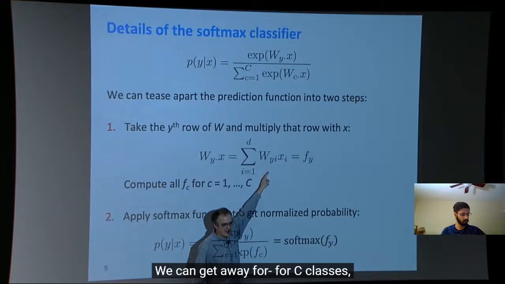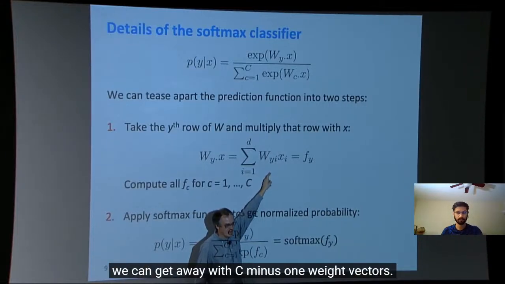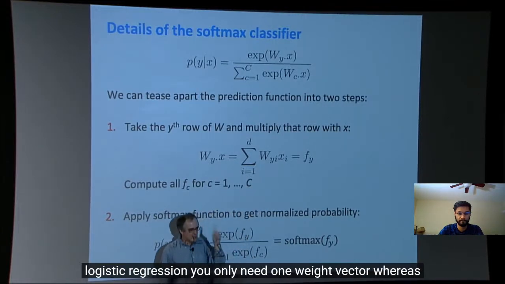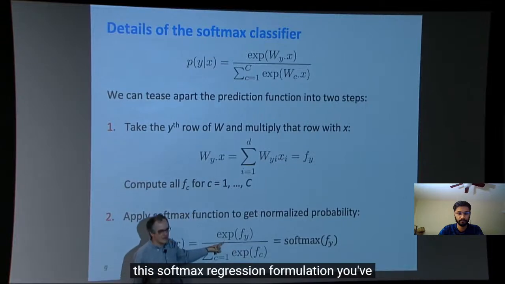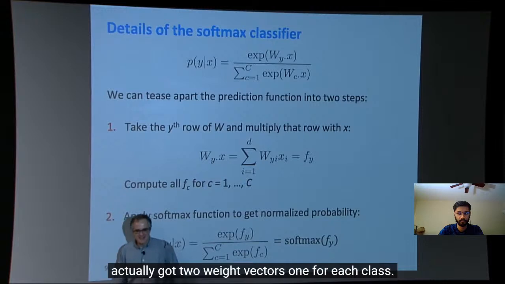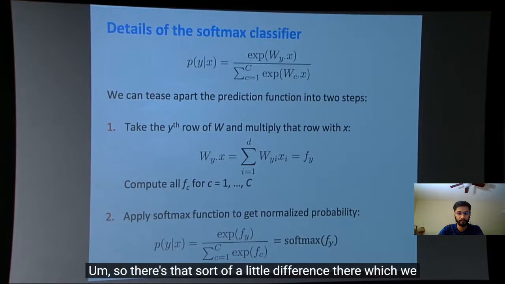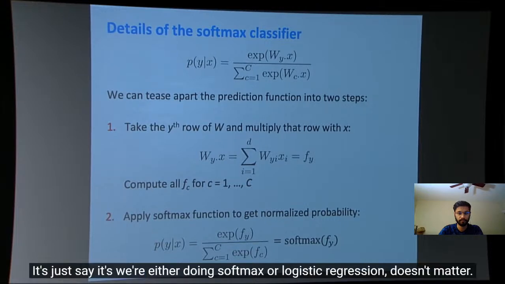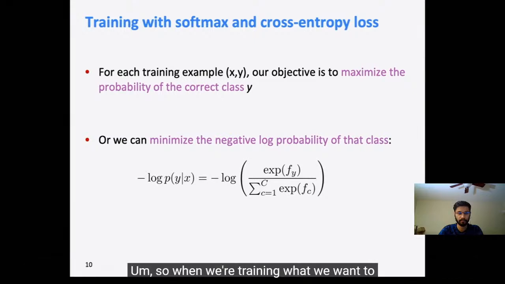For C classes, we can get away with C-1 weight vectors. So if you're doing binary logistic regression, you only need one weight vector, whereas in this softmax regression formulation, you've got two weight vectors, one for each class. So there's that little difference, which we could get into, but basically they're the same. Let's just say we're either doing softmax or logistic regression, it doesn't matter.